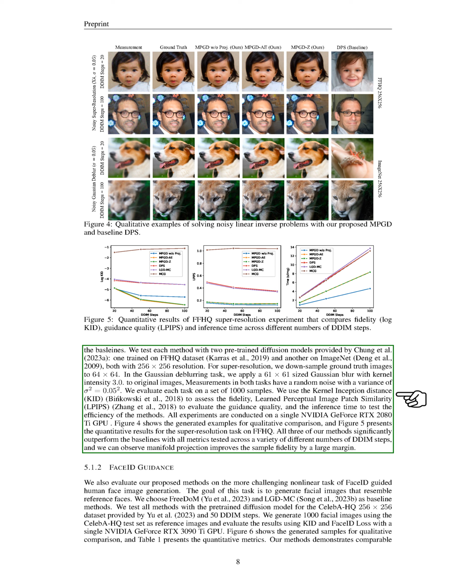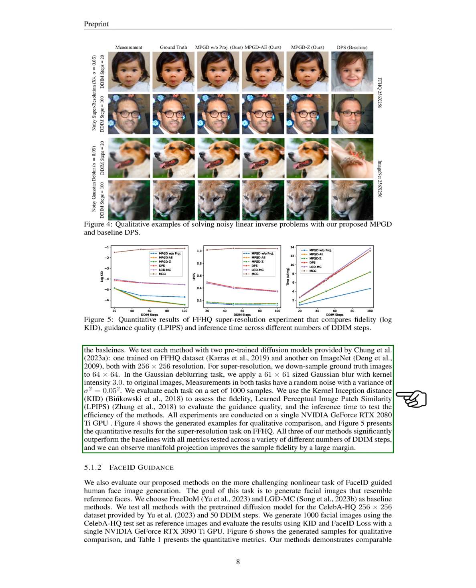For super resolution, we downsample ground truth images to 64 by 64 pixels. In the Gaussian deblurring task, we apply a Gaussian blur of size 61 by 61 with kernel intensity 3.0 to original images. Measurements in both tasks have a random noise with a variance of 0.05 squared.